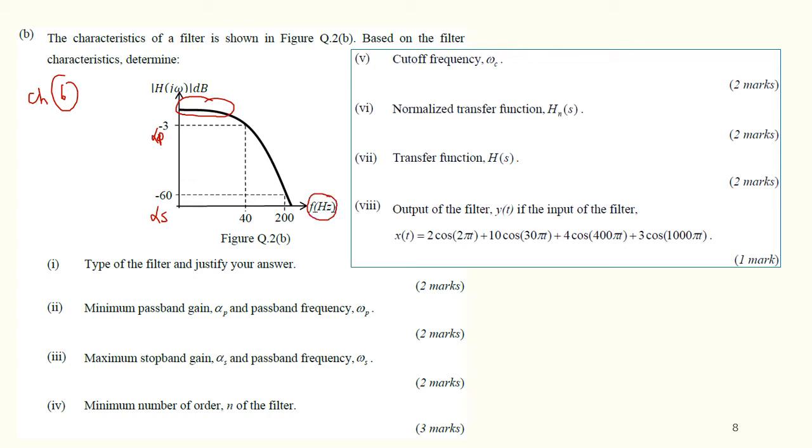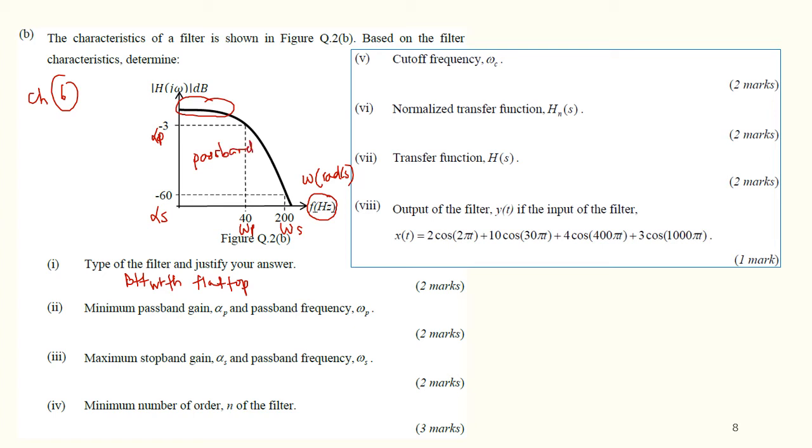In this case it uses frequency in hertz. If you want to convert it into omega, you need to multiply by 2 pi, so omega in radians per second. So this is your omega p, and this is your omega s. Type of filter, and justify your answer. Obviously this is a Butterworth filter, because it is flat top at the passband area. This is your passband area.